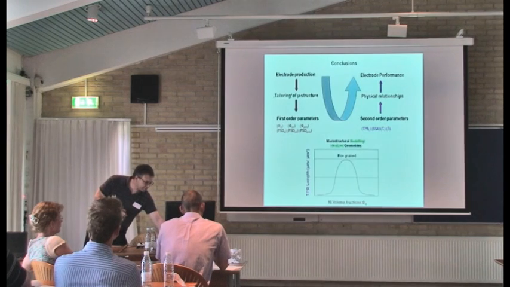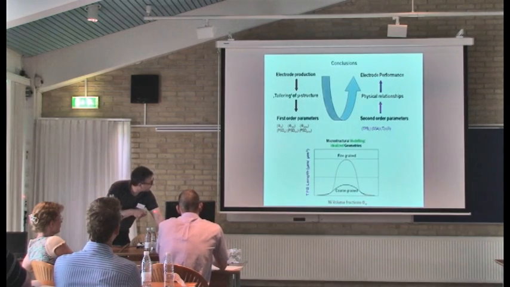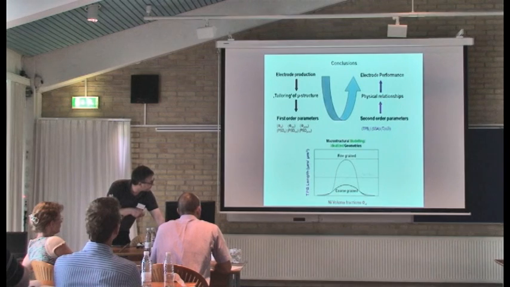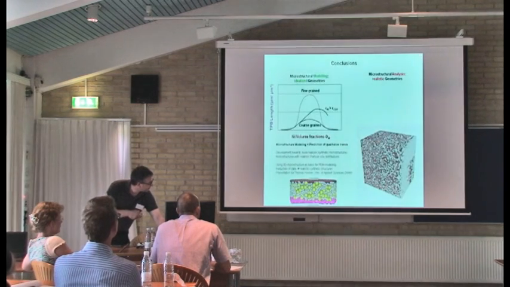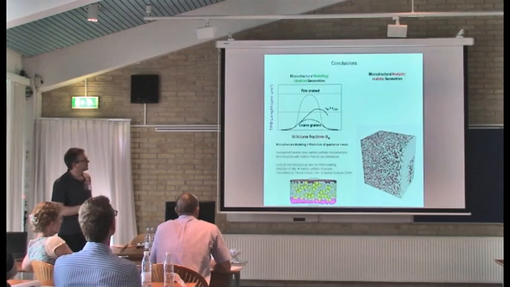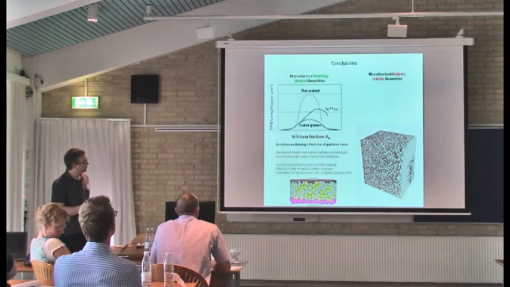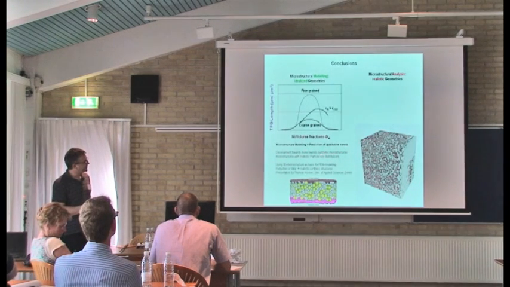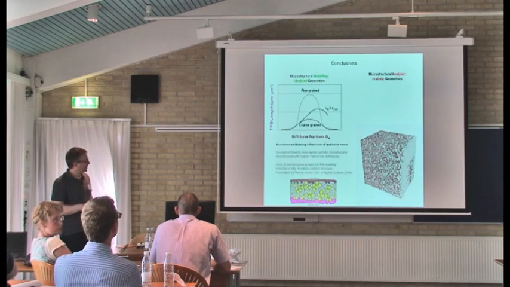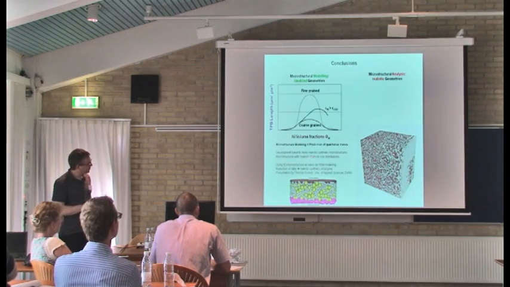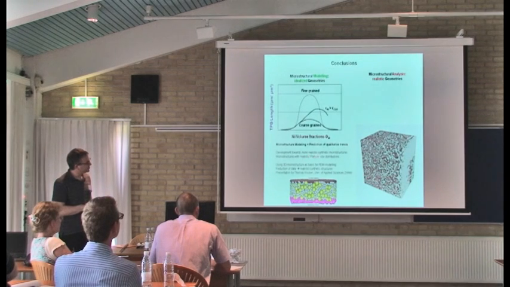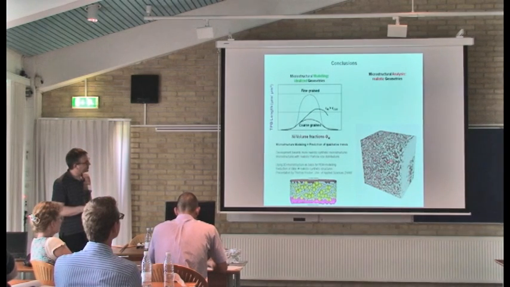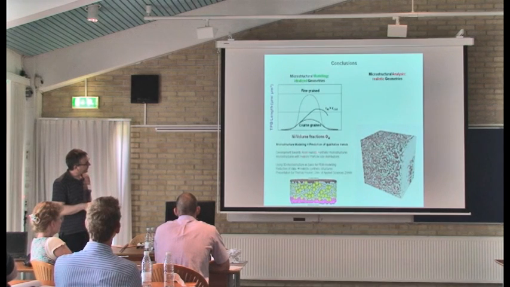So, conclusion: simplified geometries give us trends. I consider these trends as qualitative. When we want to go to more realistic structures, FIB gives us a way to go there, but I think we can also use the size distribution information and have synthetic microstructures with more realistic size distributions.